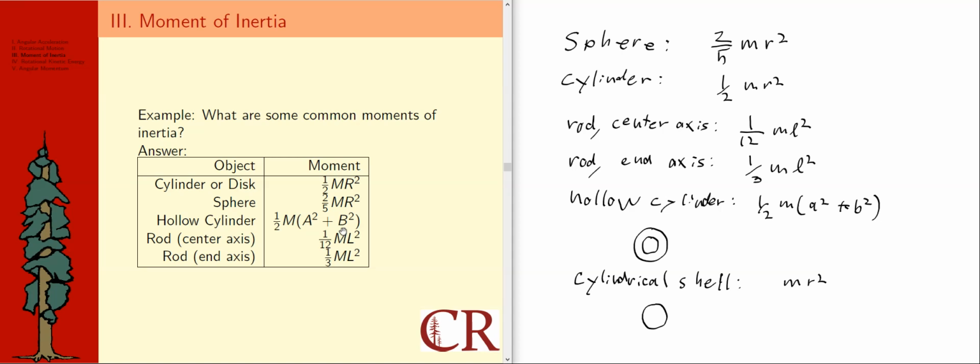It tells you how the distribution of matter as a function of distance from the rotation axis affects the overall rotational inertia that this moment of inertia is quantifying. And I think everything else, we got the 1/12 there for the center axis, 1/3 for the end axis, and the 1/2 m a squared plus b squared for the hollow cylinder.